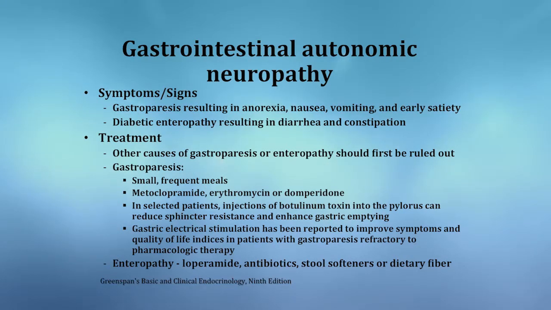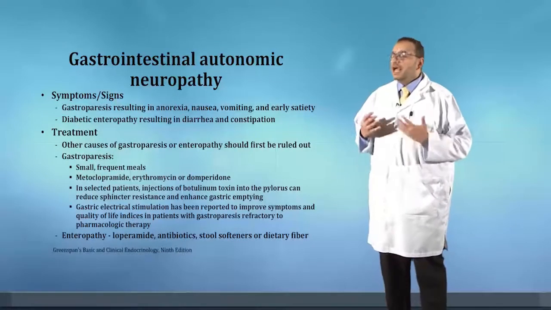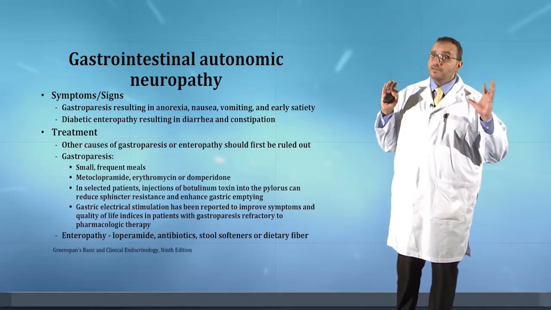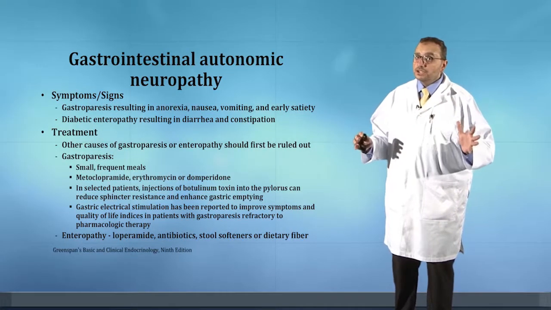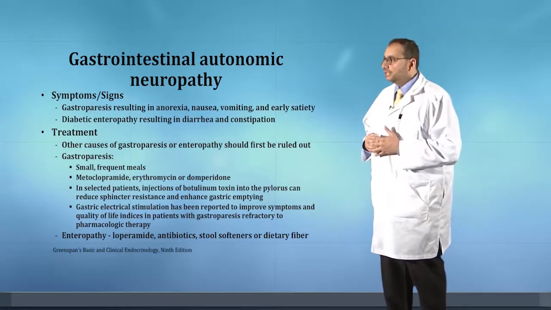The signs and symptoms will be gastroparesis resulting in anorexia, nausea, and vomiting, and diabetic enteropathy resulting in diarrhea and constipation, and the treatment of this is a very important issue for a lot of our patients.